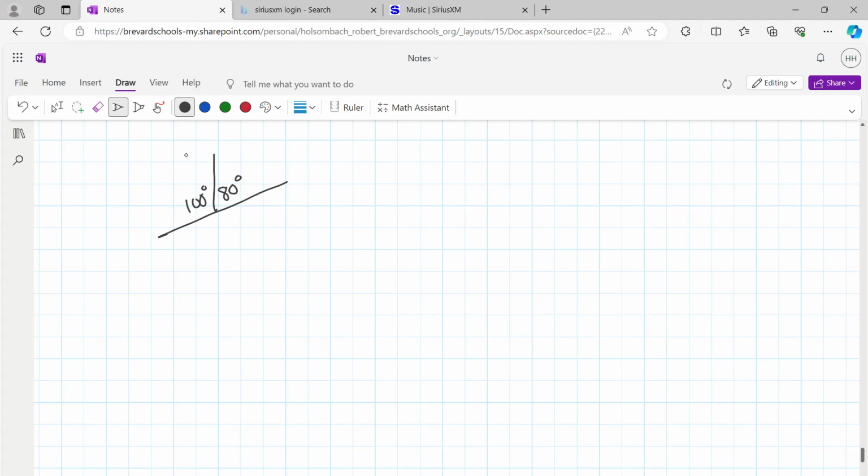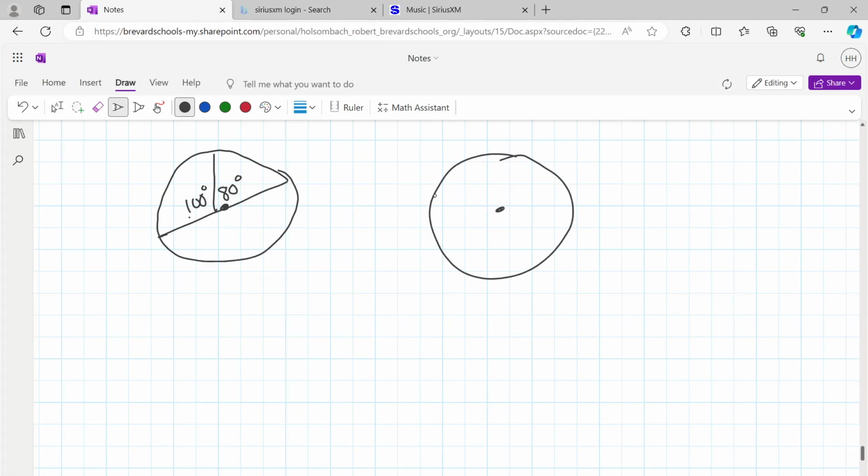Now look, this drawing may not turn out very good, but if I just put a circle around this, and this is a diameter, isn't that still the same? Because there was a picture like this in your assignment yesterday, and some students were coming to me asking how to find certain measures.